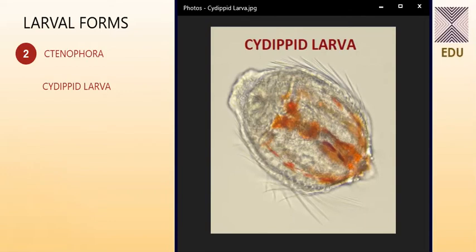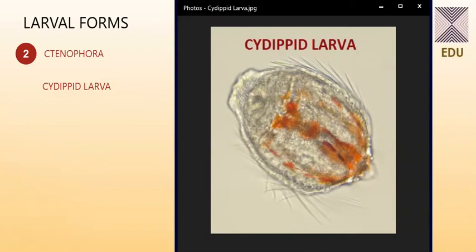Now students, if we talk about the cydippid larva, it is very comparable to a planula, as it is also a free living form. So it is a free swimming larva, and this larval stage, it resembles the adults of the cydippid ctenophores.